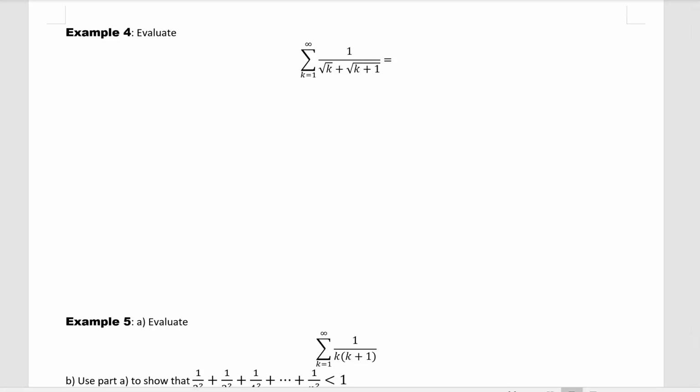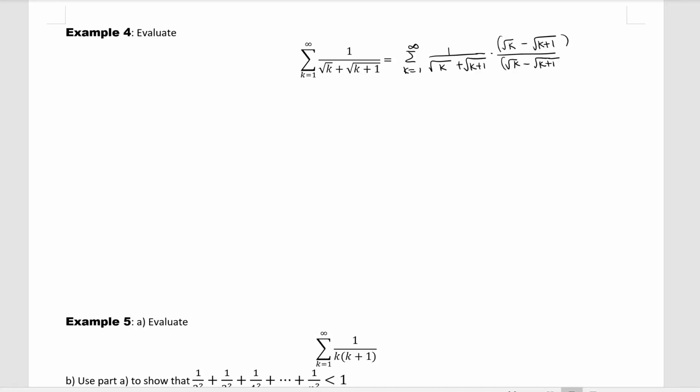Okay, so we have one more here. Remember, once the first steps, we want to decompose into a difference of two terms. So how do we do this? Well, you can actually multiply by the conjugate. What's the conjugate of that? I would say the square root of k minus square root of k plus 1, right?